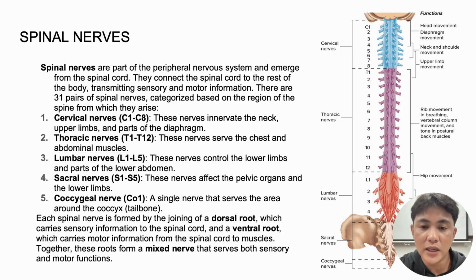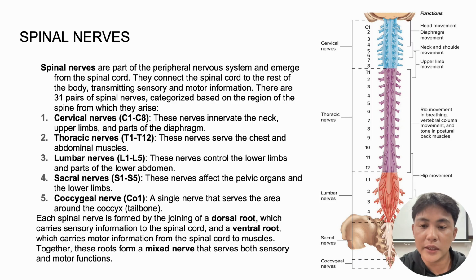Now, to give us the function, the right side of the slide shows that spinal nerves are not just grouped anatomically. They are also grouped with their specific functions. The upper cervical nerves help with head and neck movement. The cervical enlargement gives rise to nerves for the upper limbs.